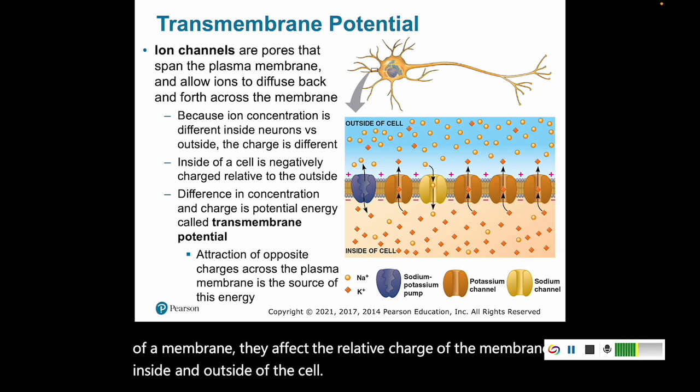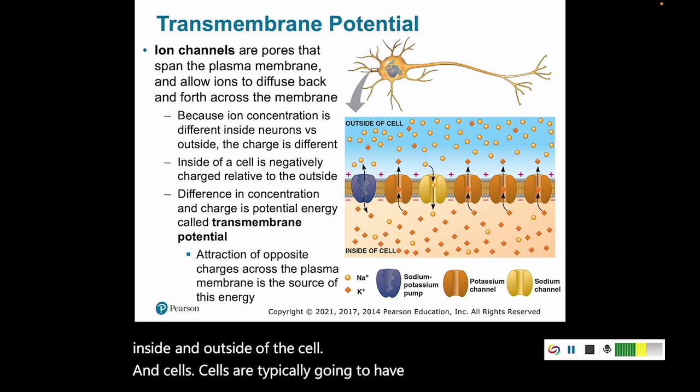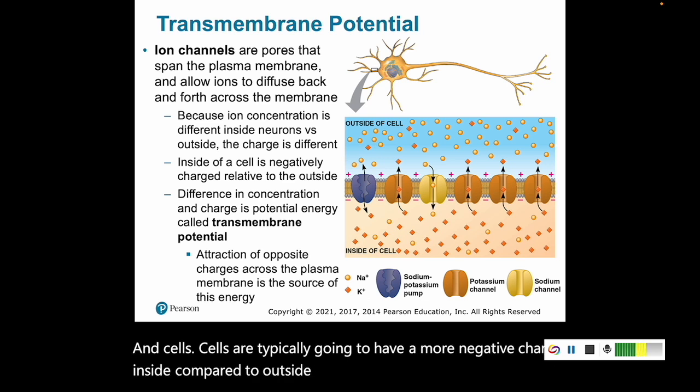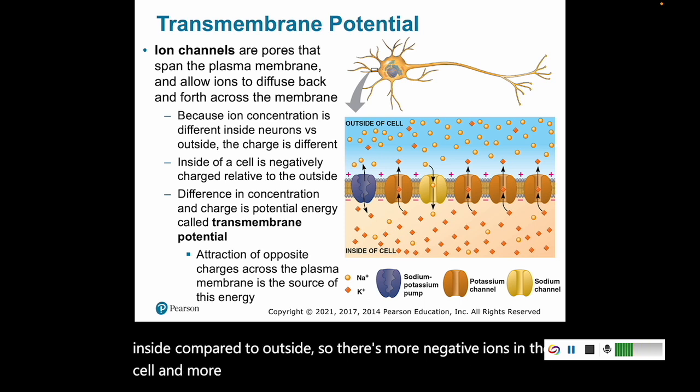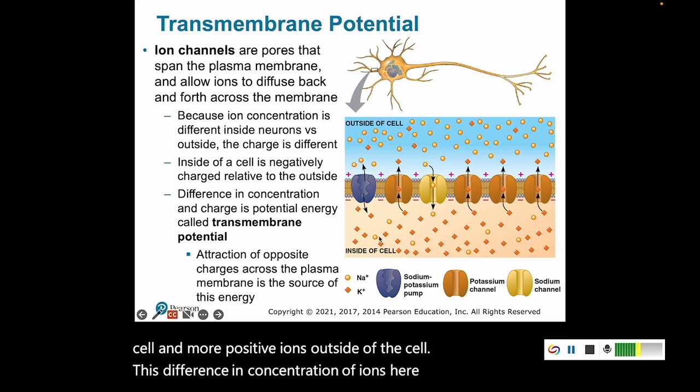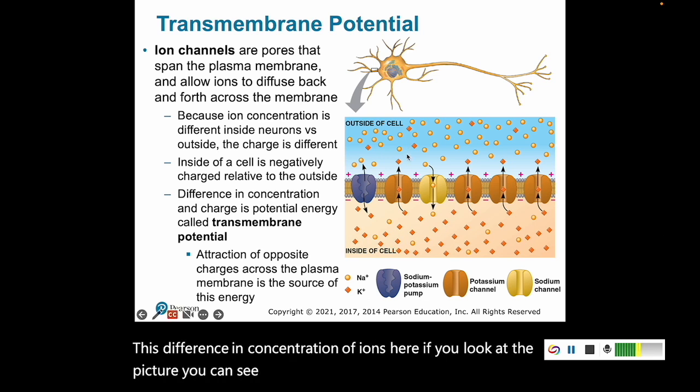Cells are typically going to have a more negative charge inside compared to outside. So there's more negative ions in the cell and more positive ions outside of the cell. This difference in concentration of ions, if you look at the picture, you can see more potassium in than out. You can see more sodium out than in.